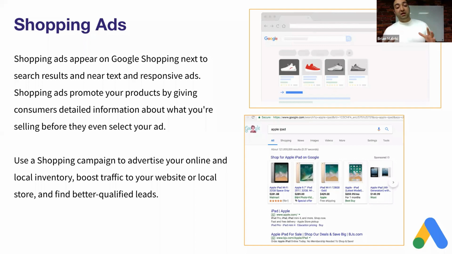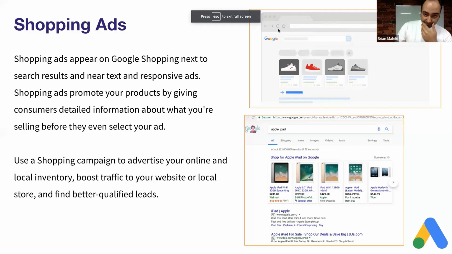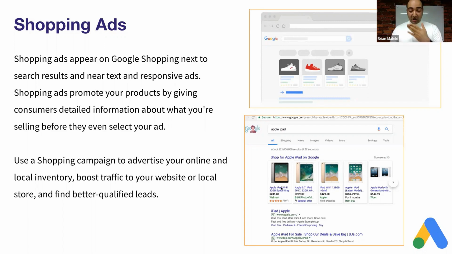We call it Google Merchant, I can show you later. You give Google access to see your products, and whenever someone searches for those products and Google sees that you have that product in your online store, Google will show your product here. You see a sponsor, you see this iPad from Walmart, this company, Apple, Best Buy, and this.